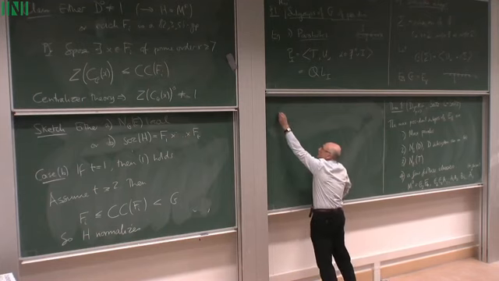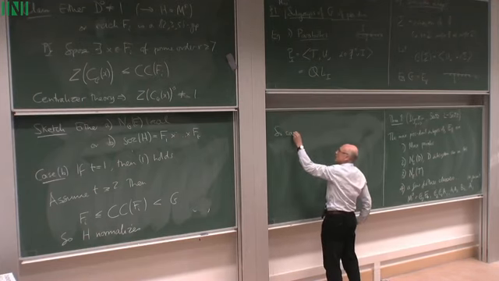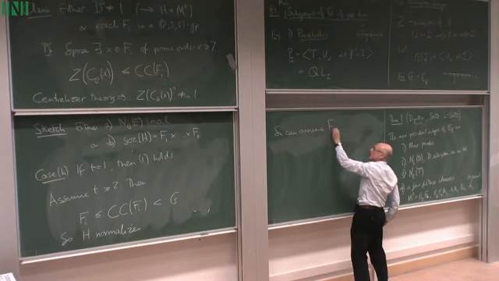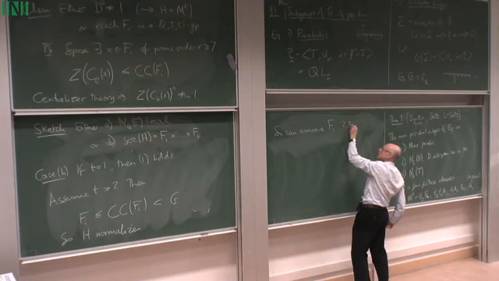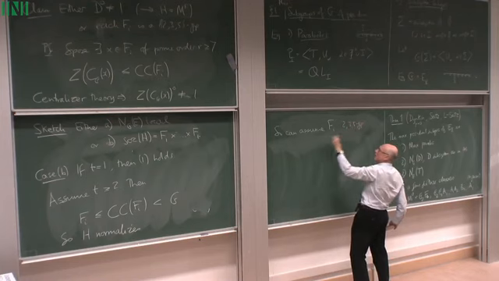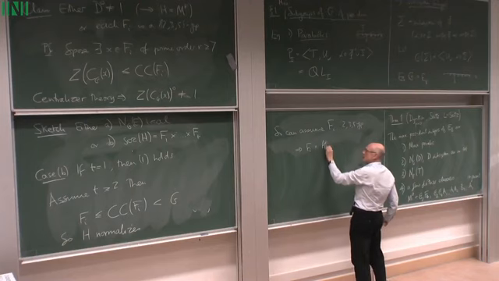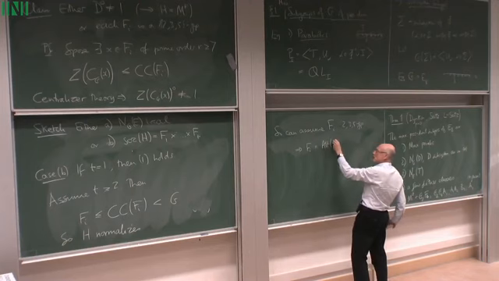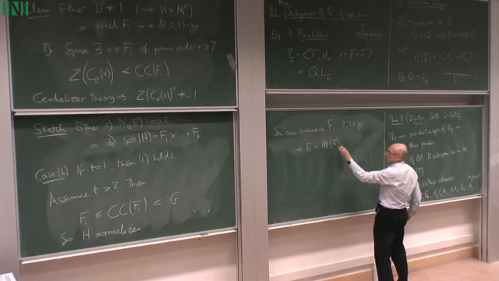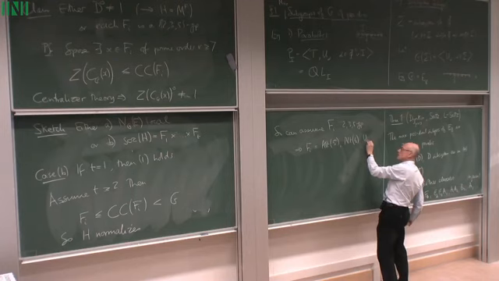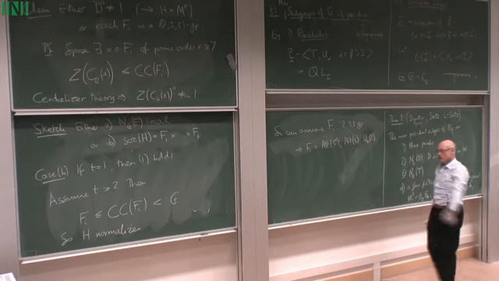Okay, so assume each Fi is a 2, 3, 5 group. And as I said, you can prove this with or without the classification. There are only 3 such simple groups, alt 5, alt 6, and the unitary group, PSU 42.